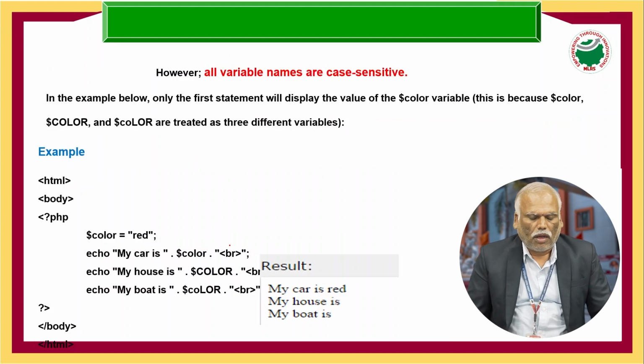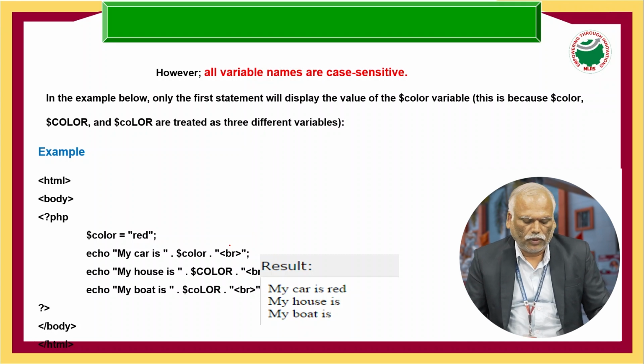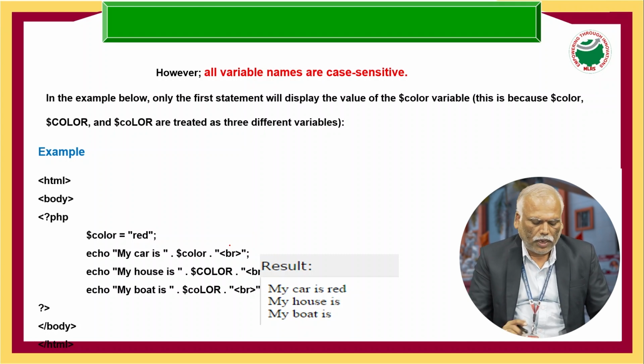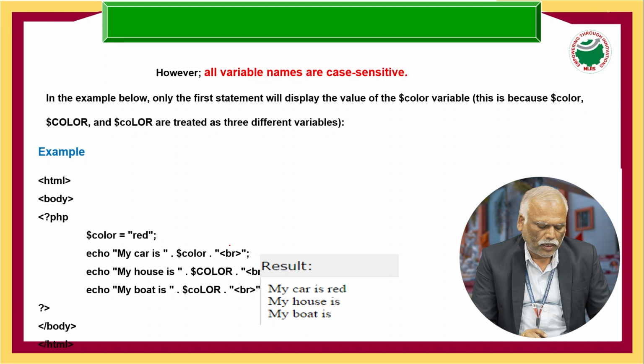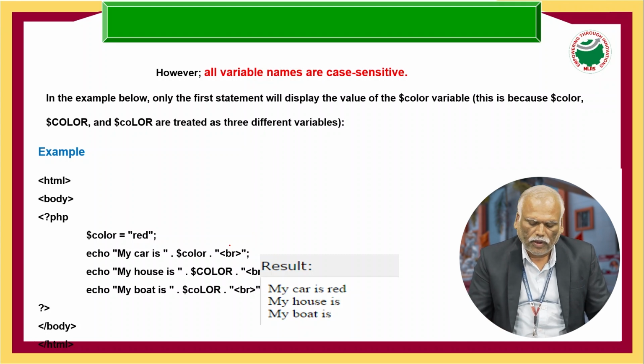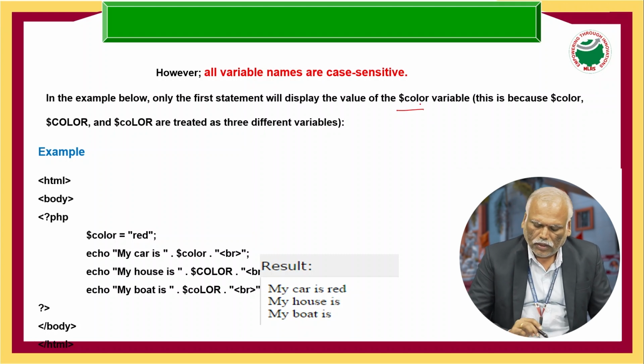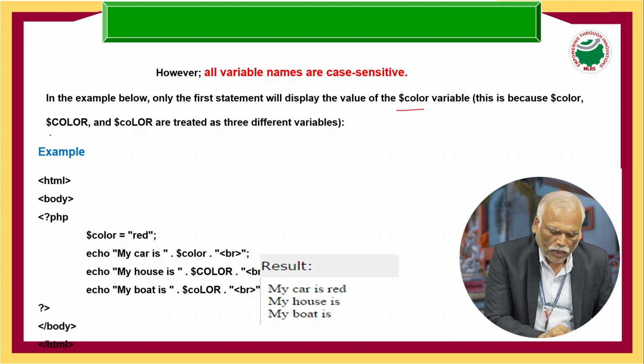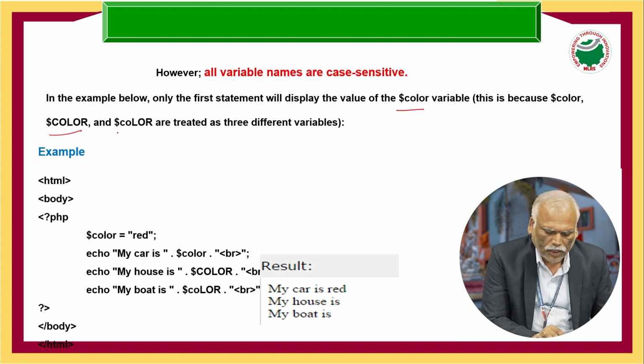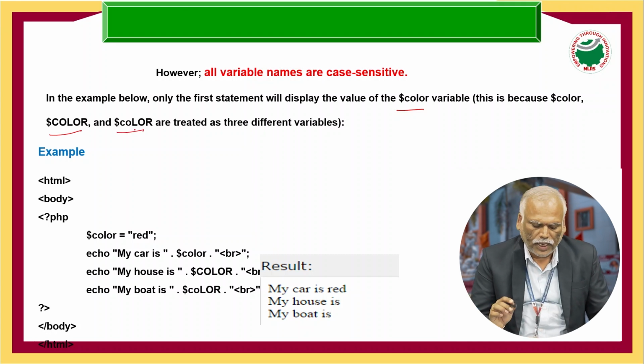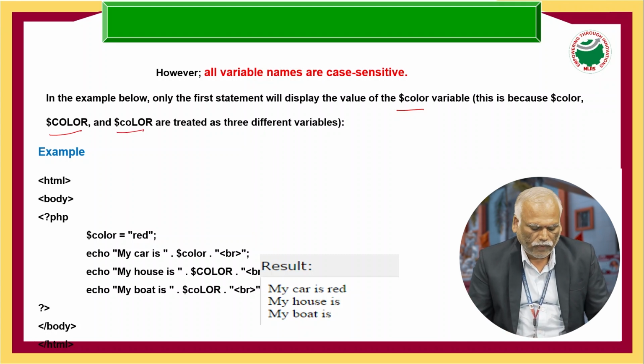However, all variable names are case sensitive. In the example here, different words with a different case represent different variable values. So only the first statement will display the value of the color. $color is one variable displayed here. This is because $color in small letters and capital letters, with a different case, can be treated as different variables.